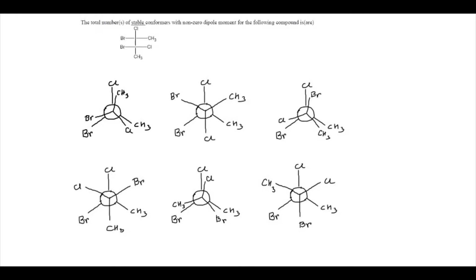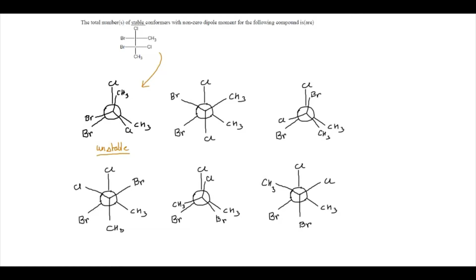So let us draw the conformers. First, let us project this molecule in Newman projection, and if we just directly project the Fischer to the Newman, we will get this eclipsed conformer, and of course these eclipsed forms are not stable, so this one is unstable.